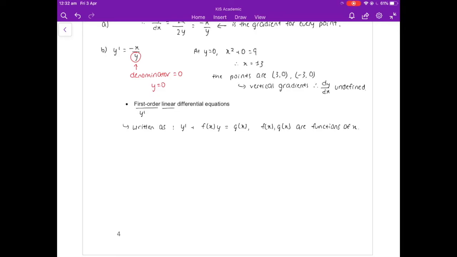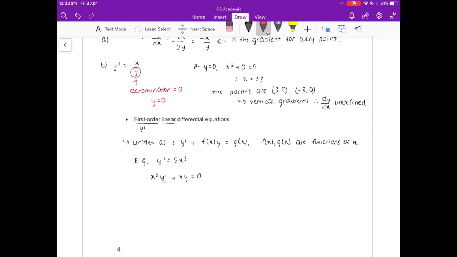So I'll give you some examples. Some examples would be this one, y' equals 5x cubed, and we can also have other things like x squared y' plus xy equals 0, as long as the y' and the y are separate.